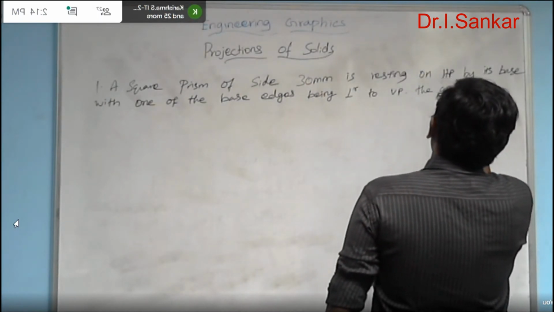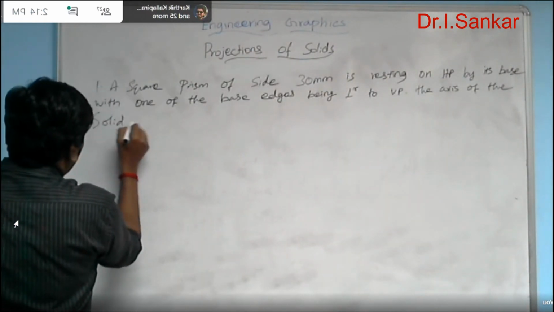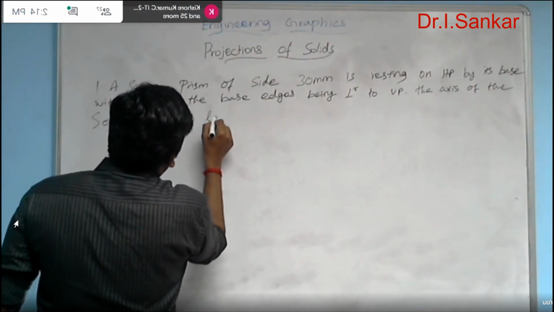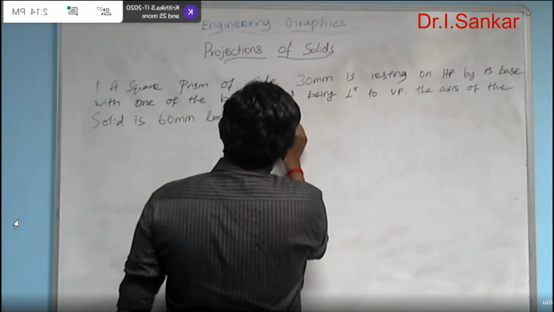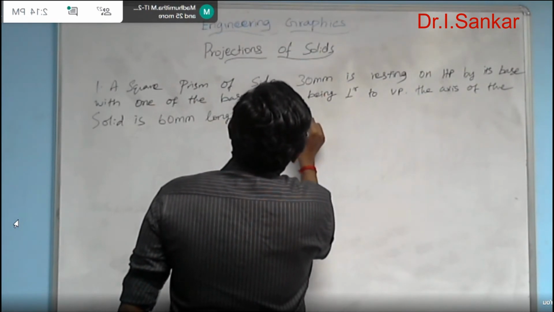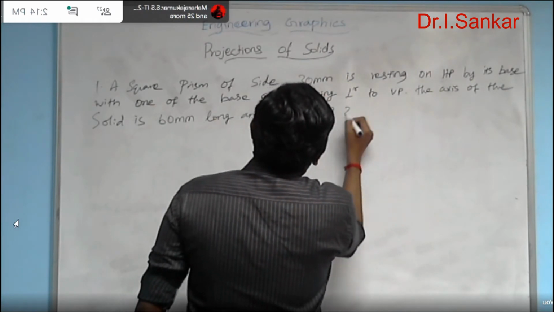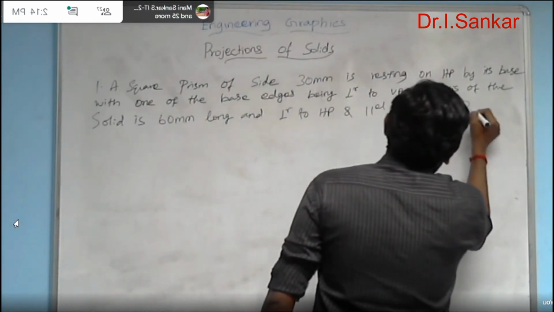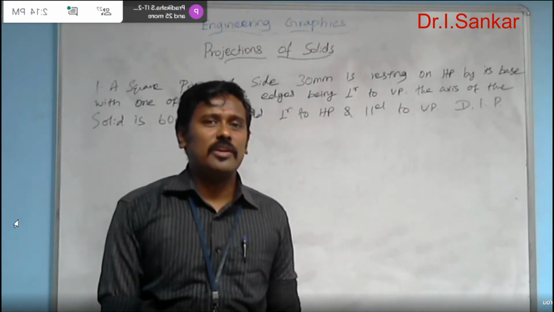The axis of the solid is 60 mm long and perpendicular to HP and parallel to VP. Draw its projections. So this is the question we are now going to process.